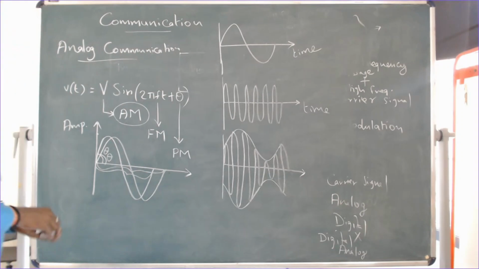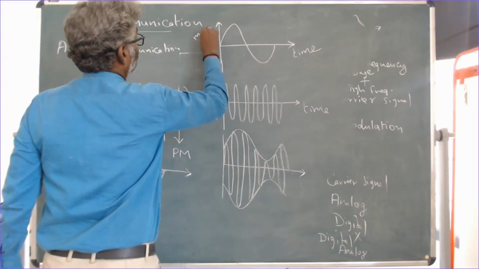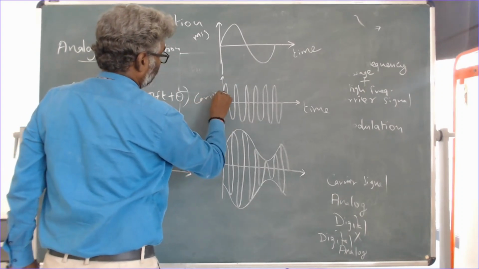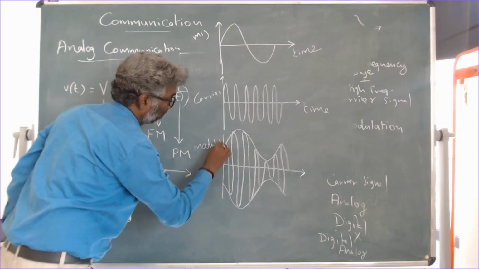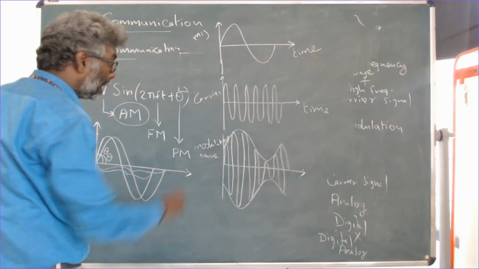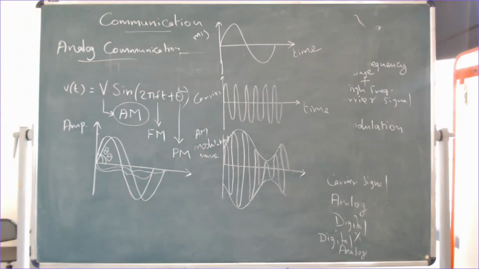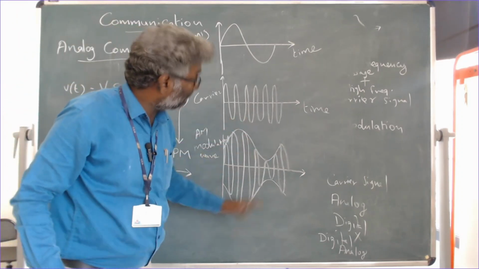This is the amplitude modulated wave. This is the message. This one is the carrier. This is the modulated wave, the AM modulated wave. The shape remains the same, or constant.